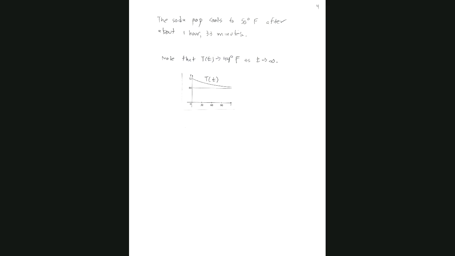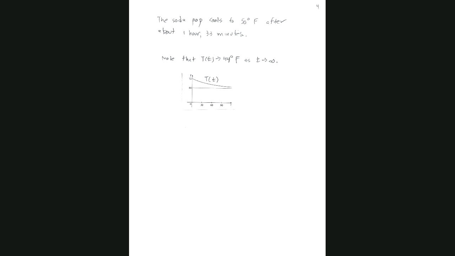You notice here that the k was negative, right? The k is negative, and that makes sense here, because this is basically an exponential decay type problem. The soda pop cools to 50 degrees Fahrenheit after about 1 hour and 33 minutes; 92.6 minutes is about 1 hour and 33 minutes.